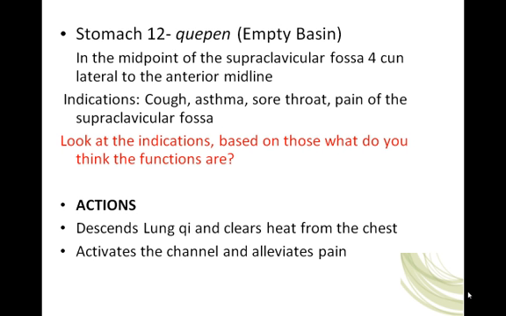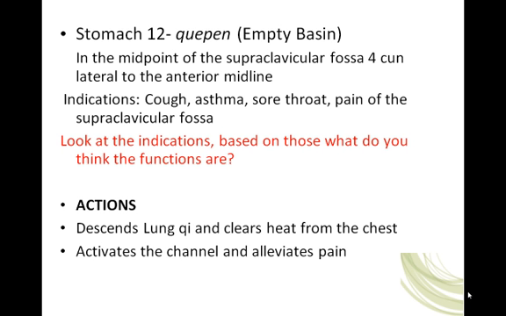So I do this just so you can see that there is a correlation between actions and indications. And once you know one, you should begin to be able to form a good idea of the other. If you know the indications, you might be able to say, oh, from the standpoint of an action, it must descend qi or clear heat or activate the channel or course qi, right?